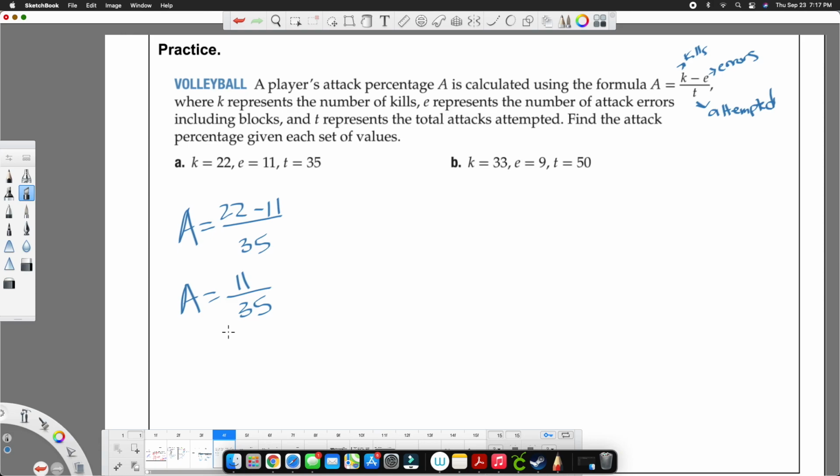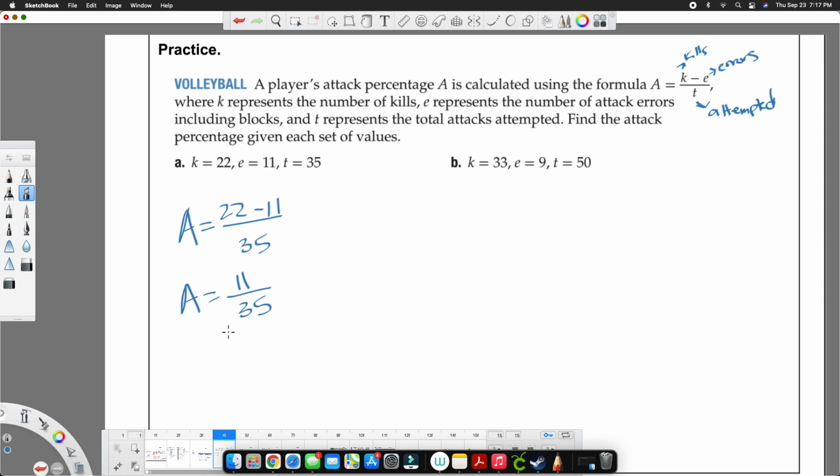If it hasn't asked me to round, I would probably leave it 11 over 35 to make sure that I don't round incorrectly. But if it asks me to round to, say, the nearest tenth or the nearest hundredth, then that tells me that I'm having a decimal and I should round it. But since there are no instructions on rounding, I would leave it the fraction, 11 out of 35.